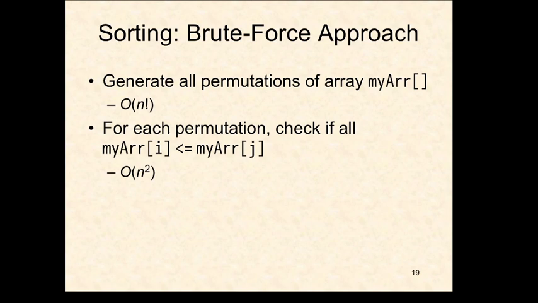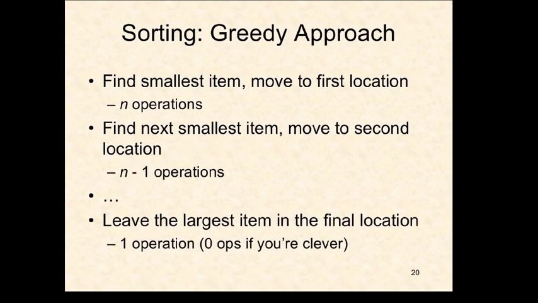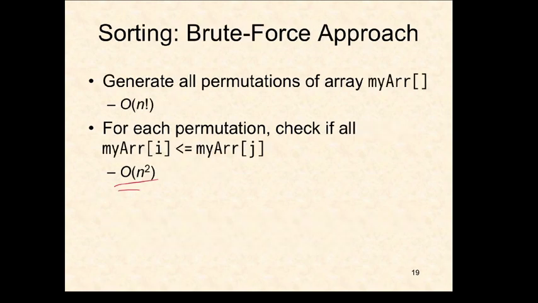Well, the time to run the check takes O of n squared time just to do this verification that for all i less than j, my array sub i is less than or equal to my array sub j would be O of n squared, which then gives us, our total complexity would be O of n factorial times n squared, would be the time to run this through.